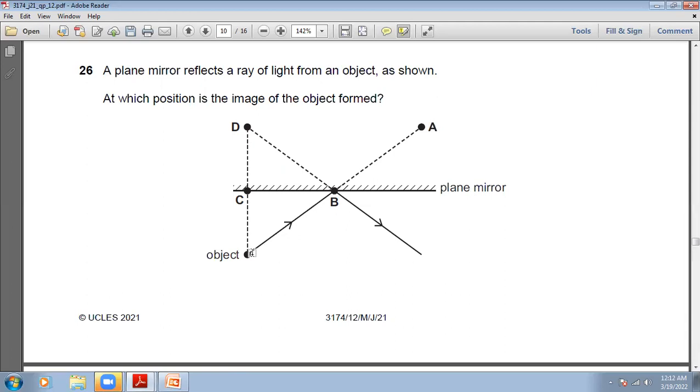Then a ray from this point, the angle of incidence and angle of reflection will be equal. That ray will go to the observer. We prolong this reflected ray behind the mirror, and where it joins with the first line, the image will be formed. So this is how the image is formed in a plane mirror. So D looks the best option, sir.